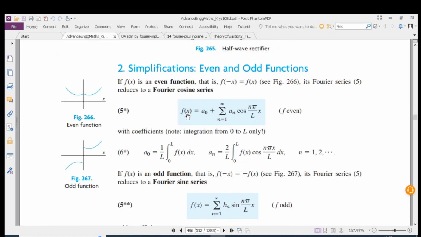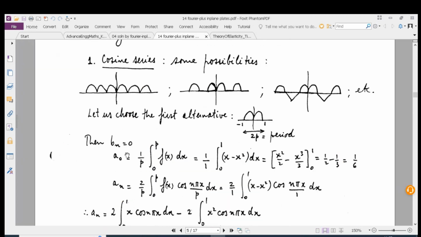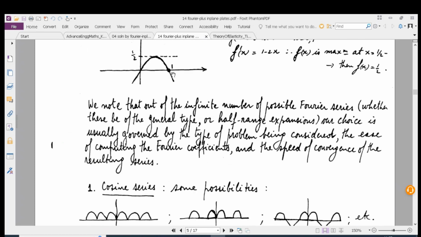We will use now f of x is equal to a naught plus summation n is equal to 1 to infinity a n cos n pi x over L and work out our a n. So a naught is found equal to 1 by p integral 0 to p f of x dx. We can call it p or we can call it L, it's up to us. But the range is 0 to 1.